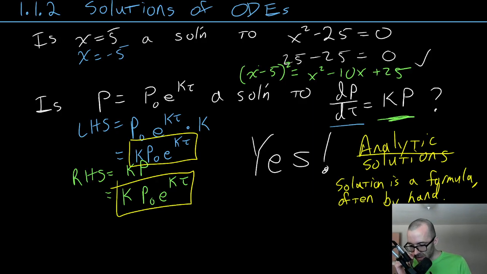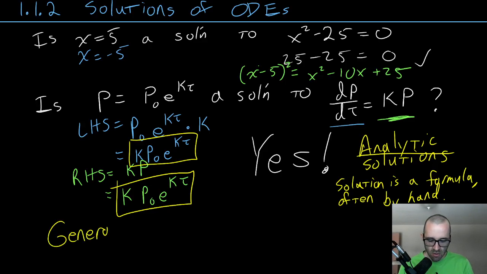So yes, here are some solutions. And the reason why I'm saying some solutions is because this is actually infinitely many solutions. It really just depends on what P naught looks like. So this is what's known as the general solution to the initial value problem. Okay, and maybe we'll just do a bunch of definitions in yellow.